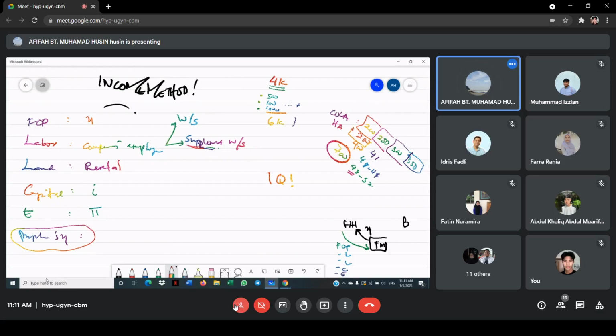Okay. You pernah tengok tak crane kelas? Crane yang tinggi tu. Ni crane. Ni dia tinggi je sebab nak buat bangunan. Okay. 11 tingkat.